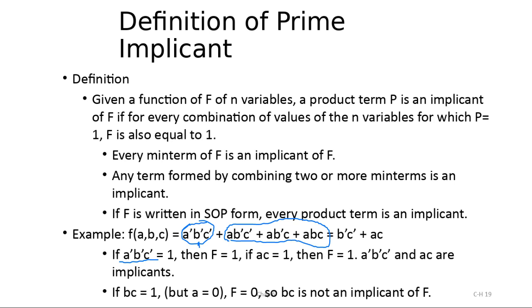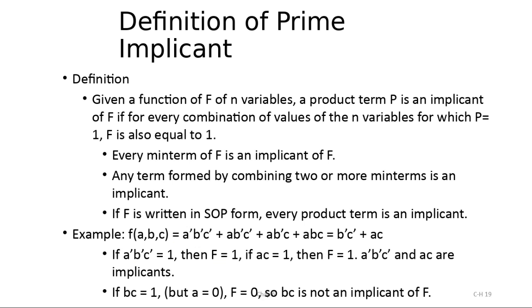Because there is an OR gate, and in an OR gate, if one bit is 1, the result is 1. Then f is 1. If AC is 1, then f is 1 also.